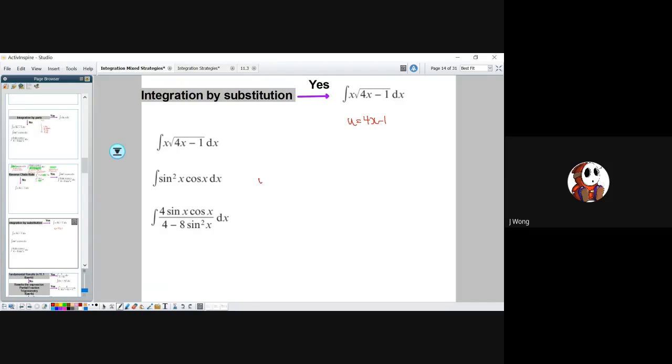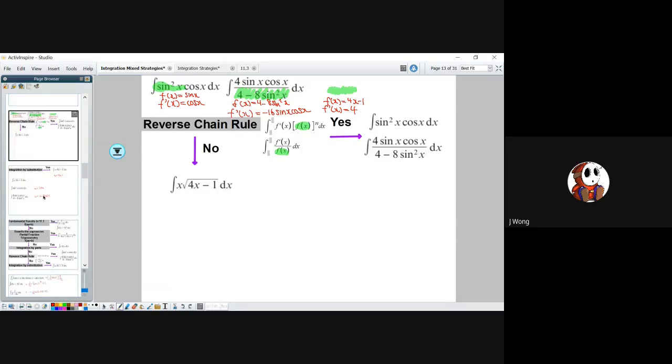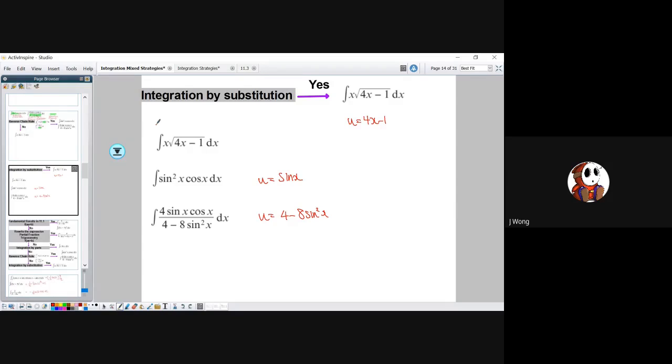So that's why for the next two, u will be sine x, or u will be 4 minus 8 sine squared of x, and then you could solve that integral. But once again, if you decide to bypass reverse chain rule, then you will need to sacrifice the pace.